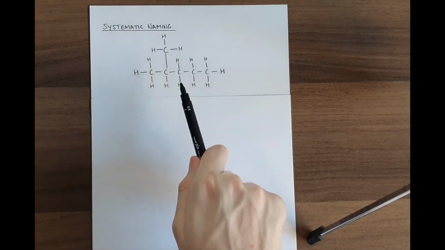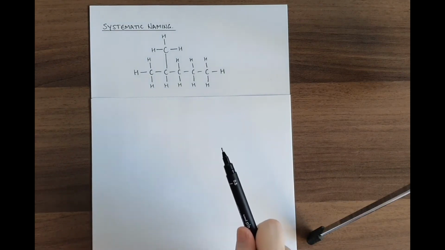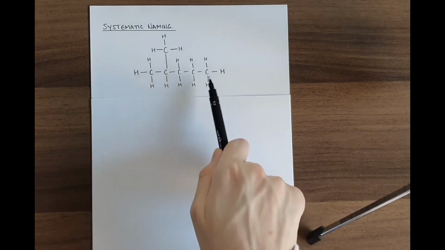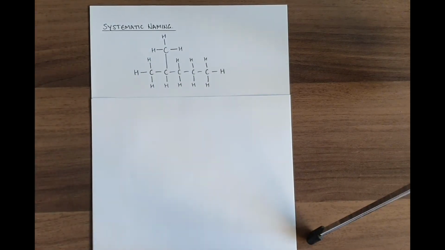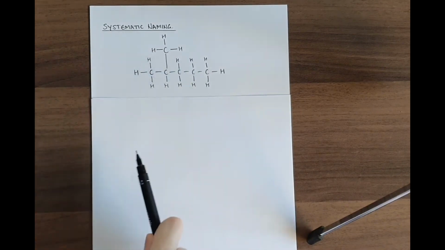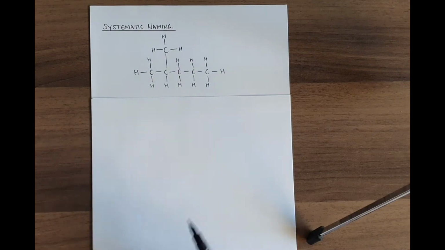Now it is in fact an alkane, which we'll prove in a little second, but looking at it, what can we see already? Well, we can see that it's a saturated compound, it's a saturated hydrocarbon. How do I know that? Well, it's saturated because it only contains single bonds, and it's a hydrocarbon because it only contains hydrogen and carbon. So we know that right off the bat.